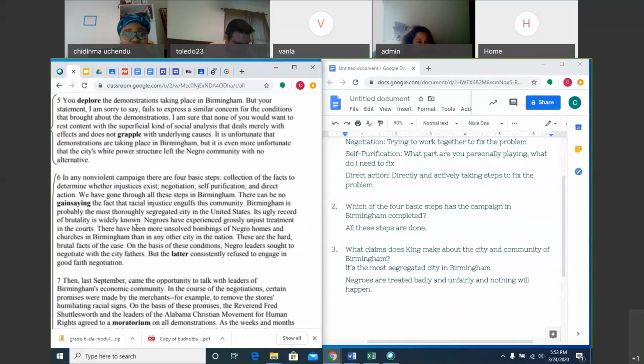Maybe in your notes you put the police in there, because a lot of times when people hear the word brutality, they think, oh, police brutality. But what he's saying here is in general, whether by police or by people. That's what it says here in the text.